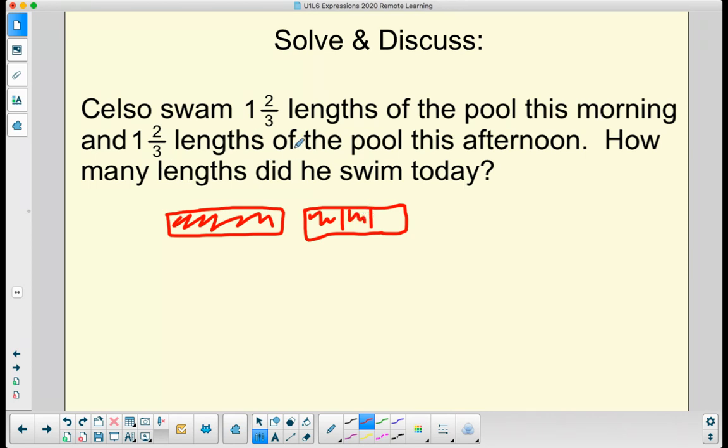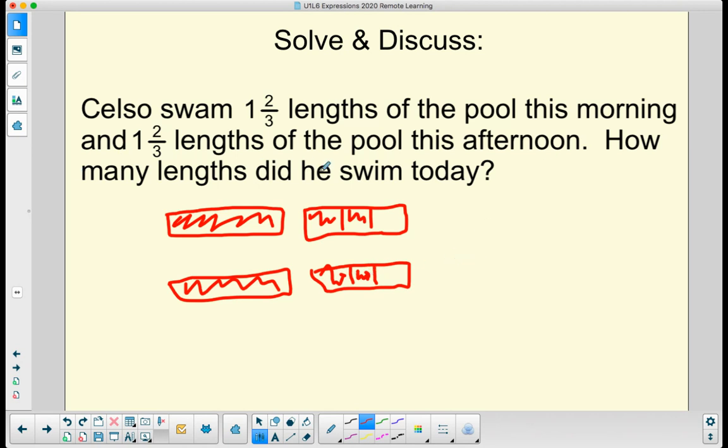And 1 2/3 lengths of the pool this afternoon. So 1 2/3 lengths this afternoon. And that's about as good a drawing as I can make with my mouse pad.